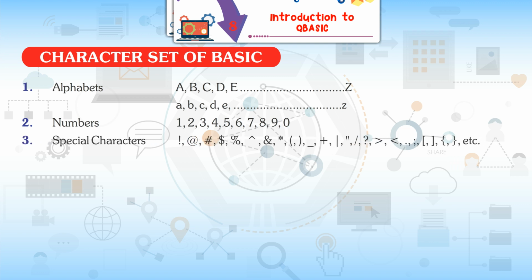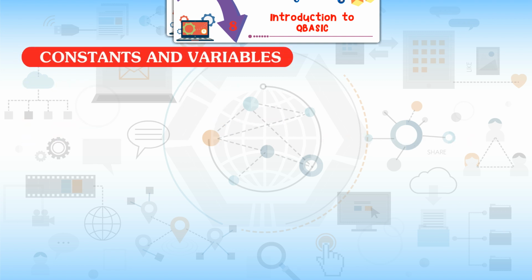Special characters like exclamation mark, @, $, percentage, exponent, ampersand, asterisk, parenthesis, underscore, plus, slash, double quotes, question mark, greater than, smaller than, colon, semicolon, square brackets, curly brackets, etc.